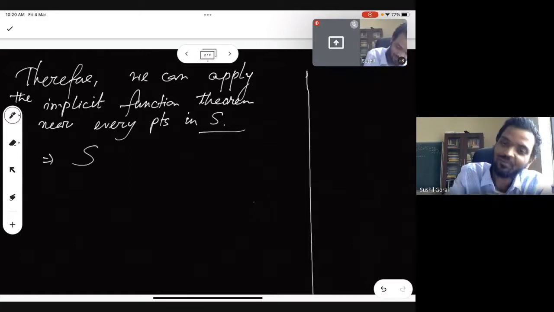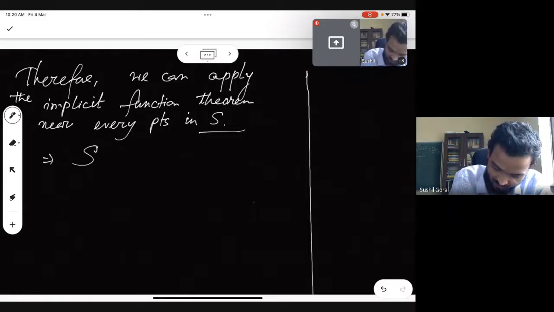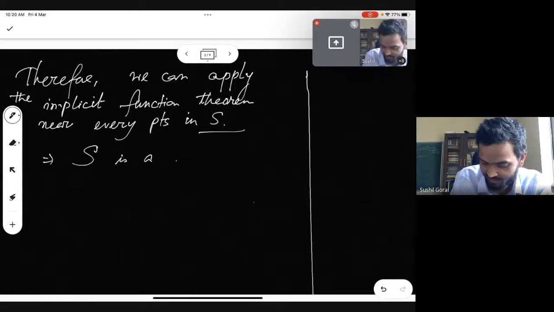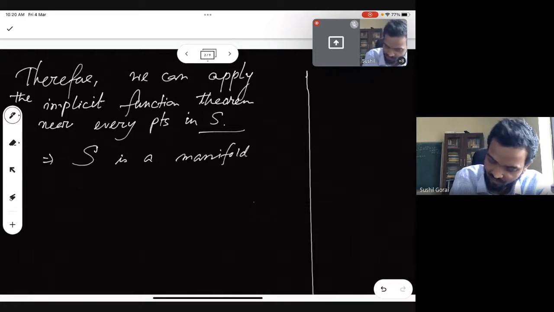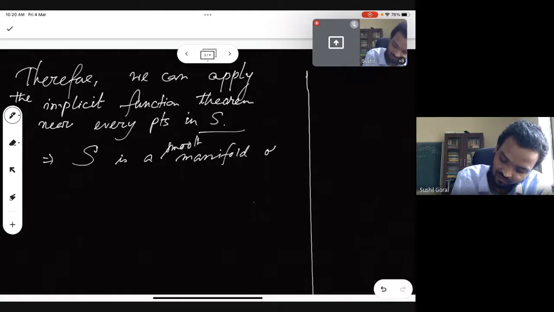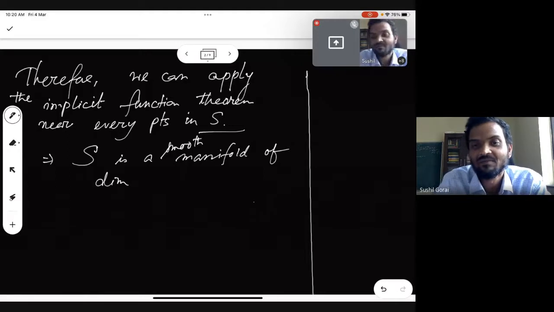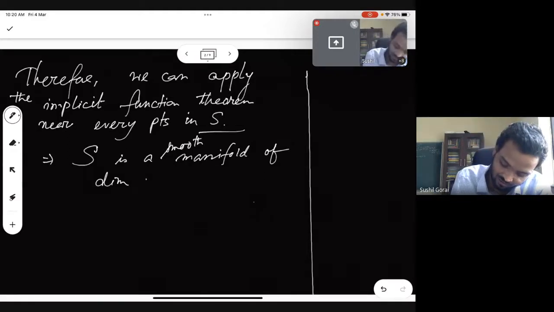well, we have some work to do, but that is done in class. So S is a manifold. A smooth manifold. Dimension, what will be the dimension? 3 minus 2, 1, right?